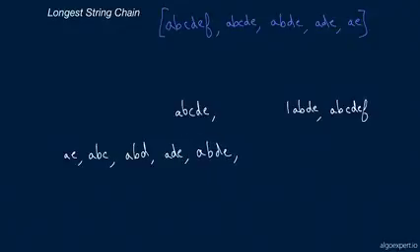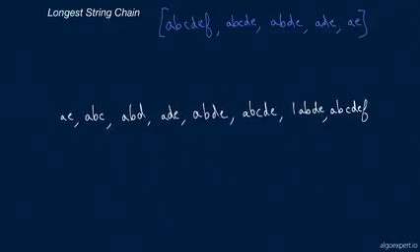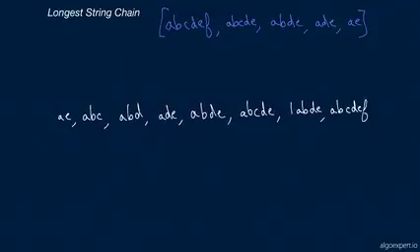Is there another? No, there are no other 4-letter words. ABCDE, and then finally, let me move this back up here. Okay, so we have now sorted our input list of strings from the shortest string to the longest one.